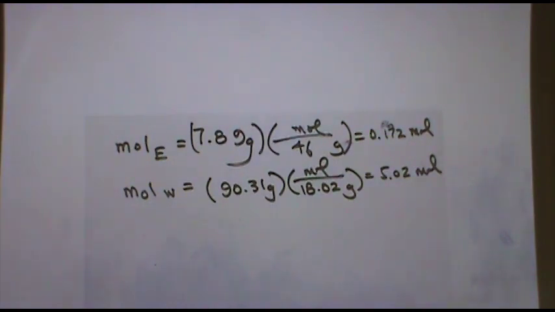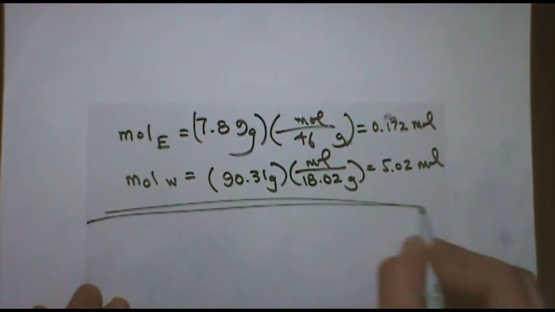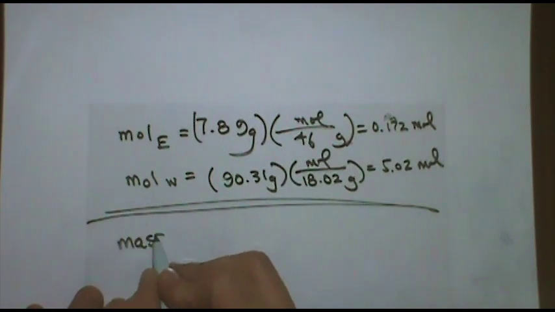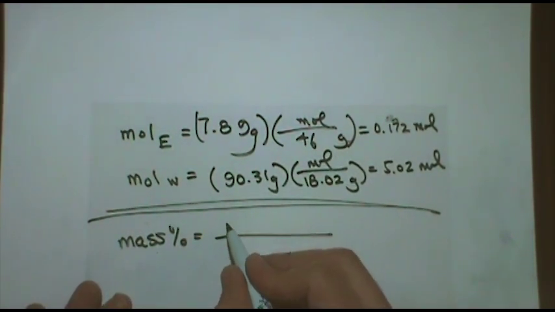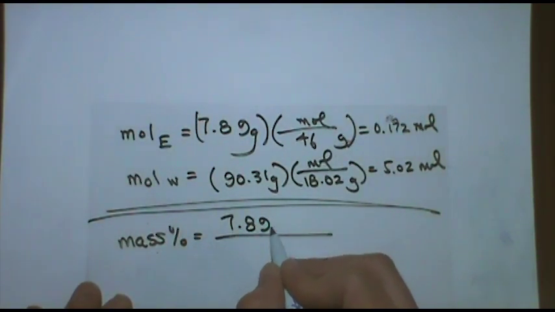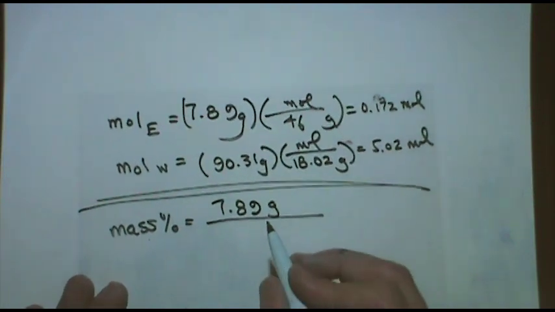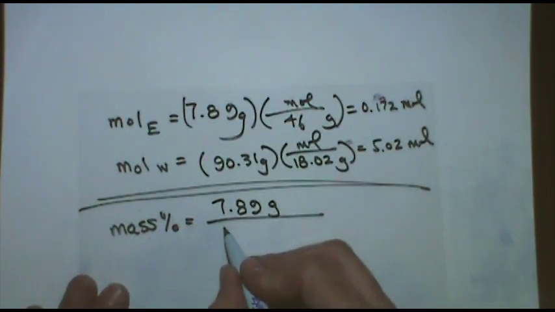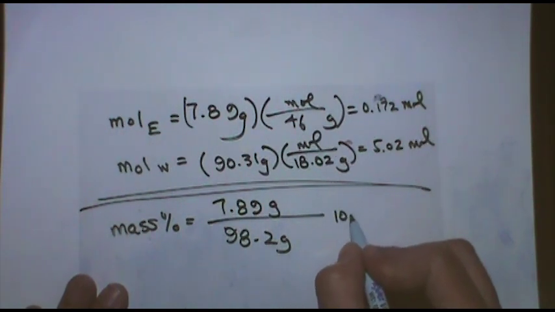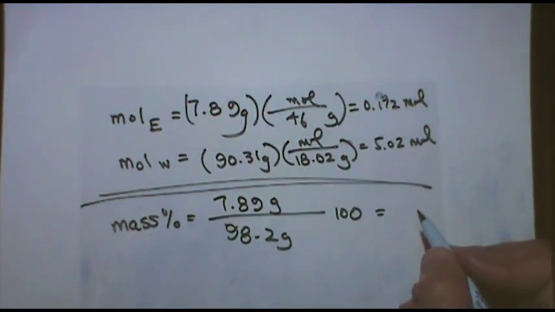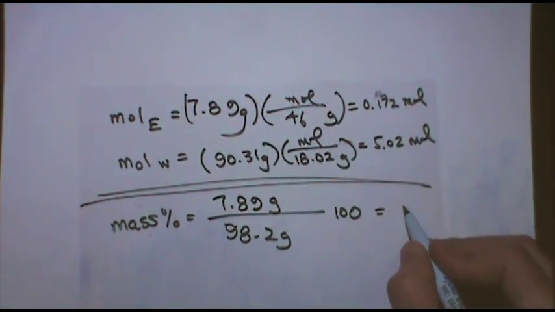So now let's do my calculations. Mass percent is the mass of the ethanol divided by the total mass, 98.2 grams, multiplied by 100. Math savant, is that 8.03%?